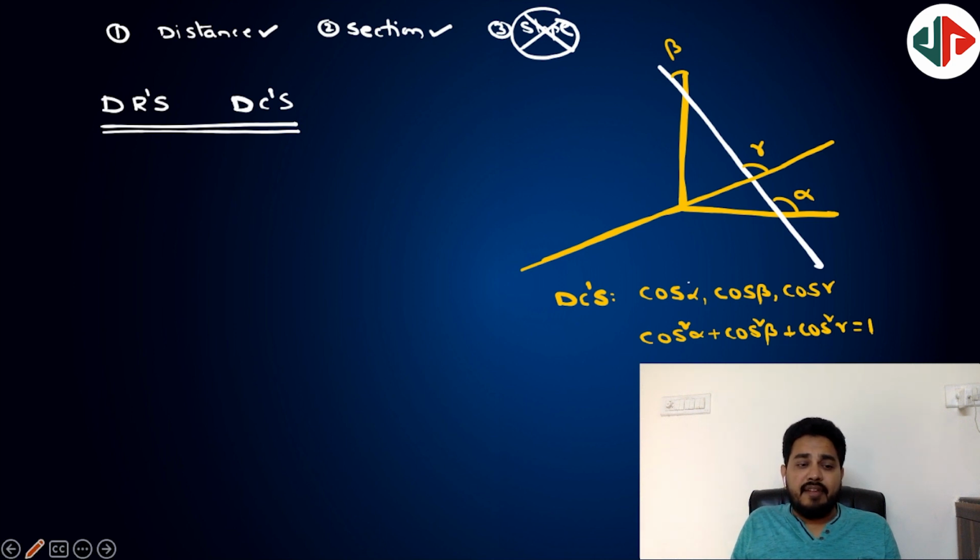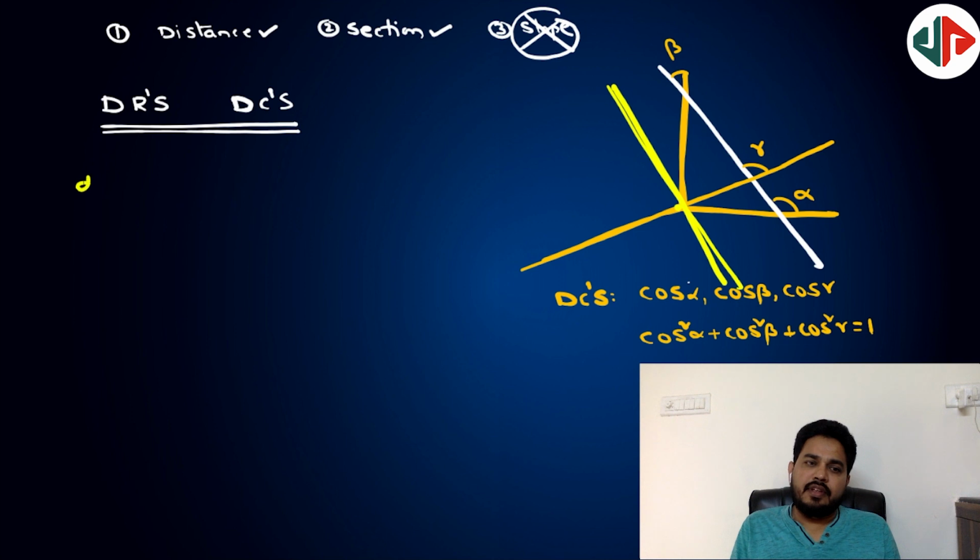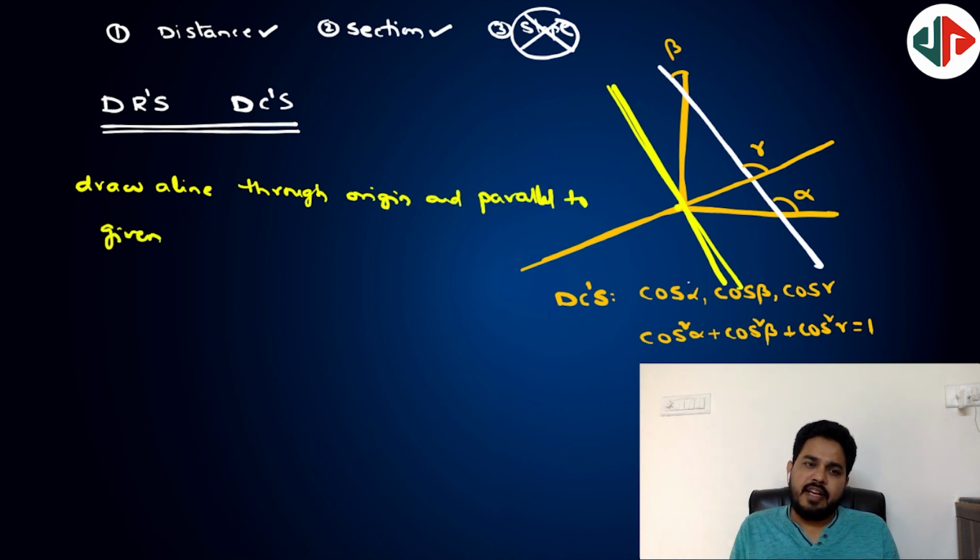But when the lines are given like this, you may not find the angles. What is the other way? For that, draw a line through the origin parallel to the given line.